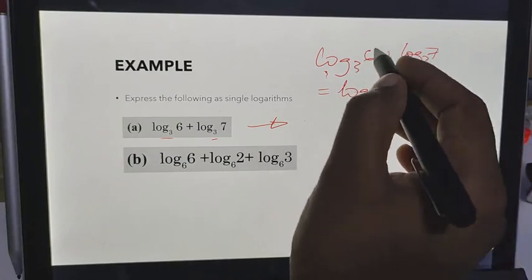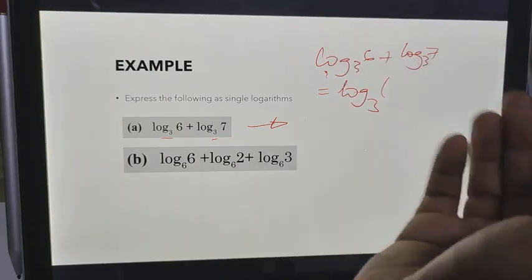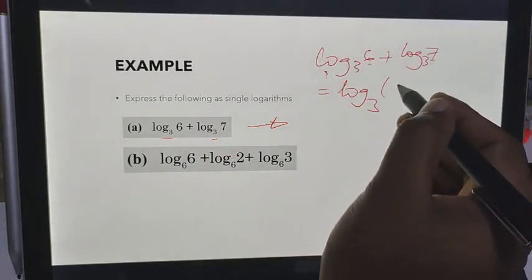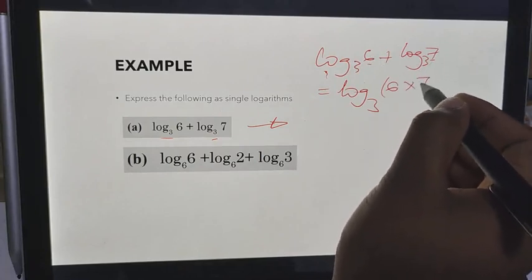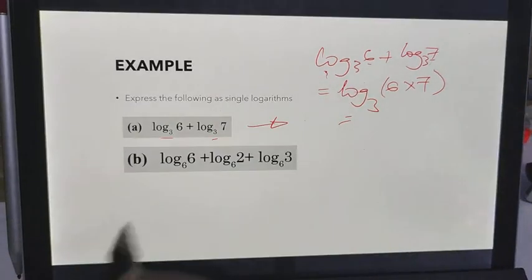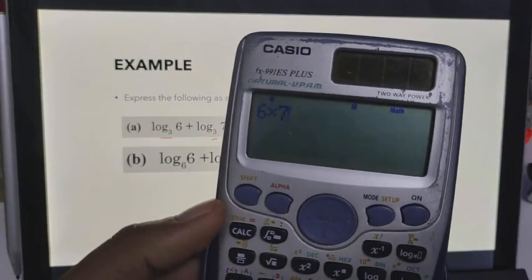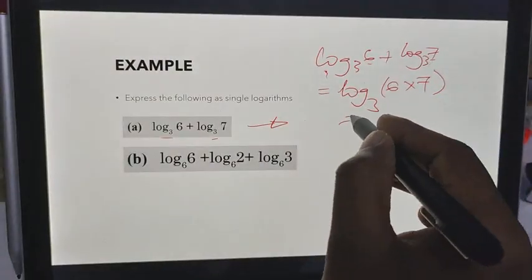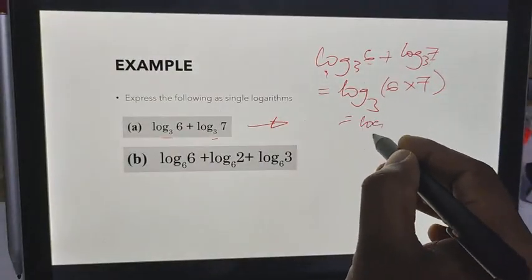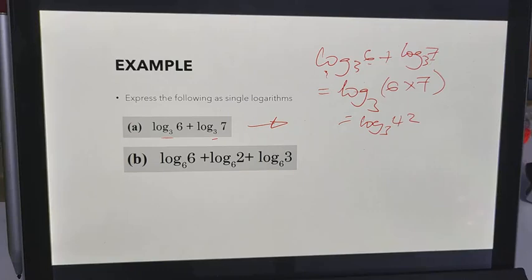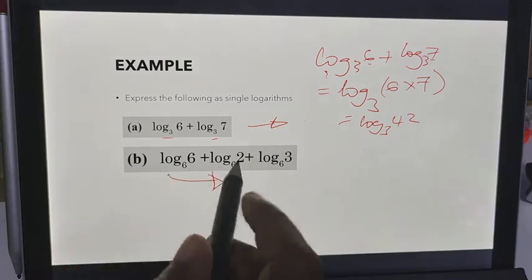In this case, these logs are adding, and we have shown that if they are adding, you just multiply. So it will be 6 multiplied by 7, which will give you 42. So it will be equal to log 42 base 3.